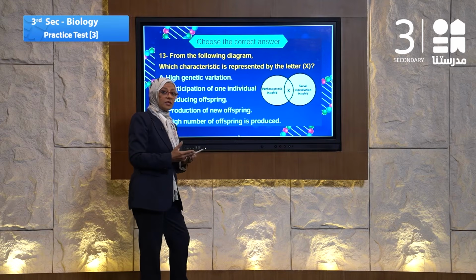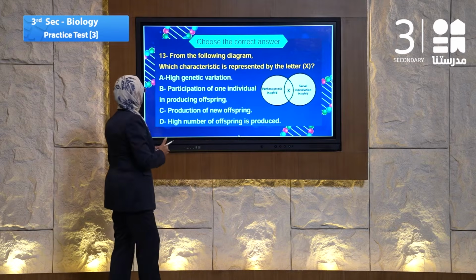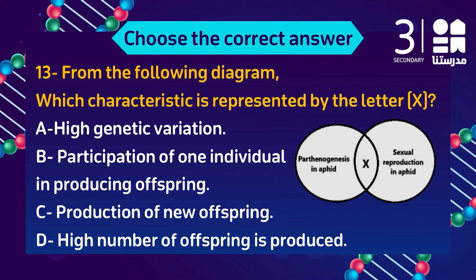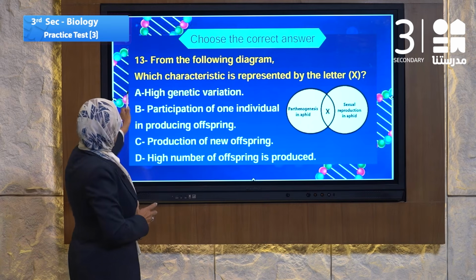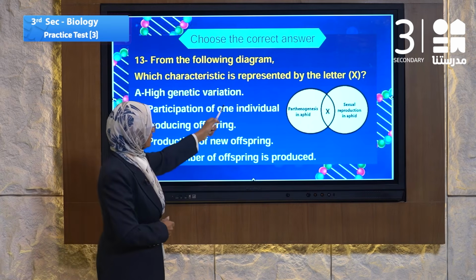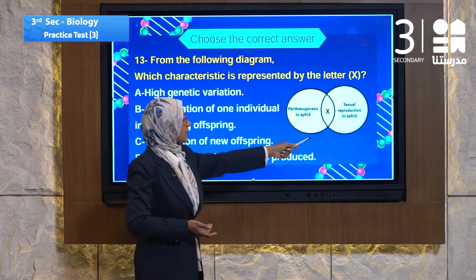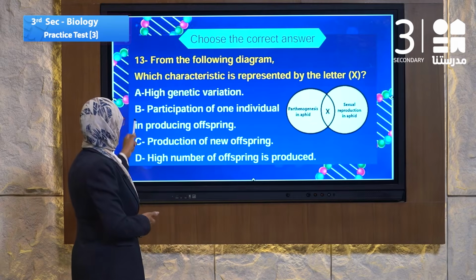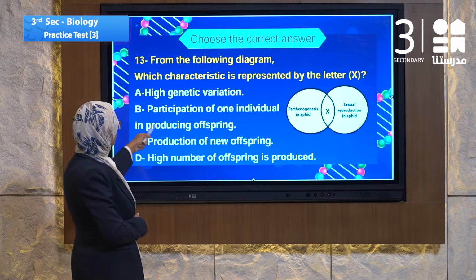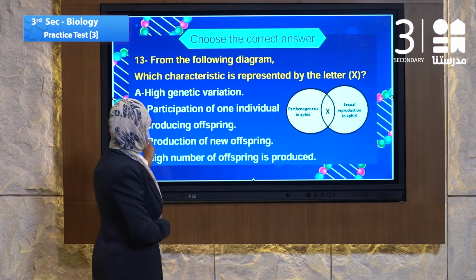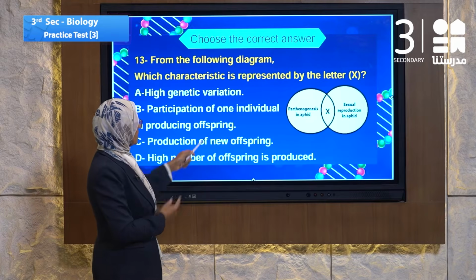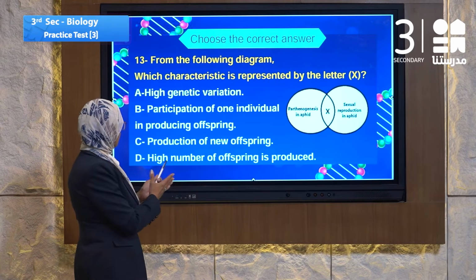Let's read the question and decide what the answer is. From the following diagram, which of the characteristics is represented by the letter X? What is X? X is common between them. Number A, high genetic variation. High genetic variation is found in sexual reproduction, not in parthenogenesis. Number B, participation of one individual in producing offspring.